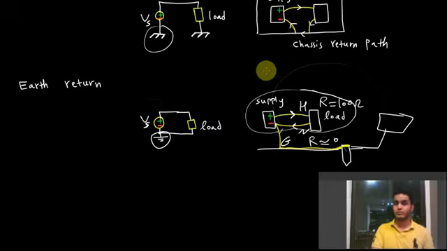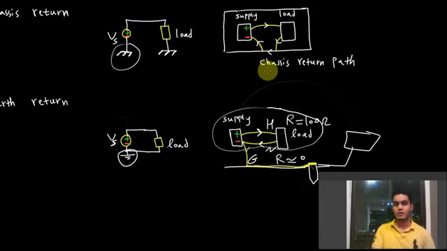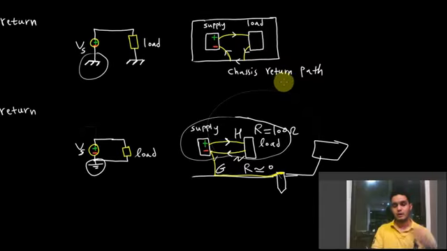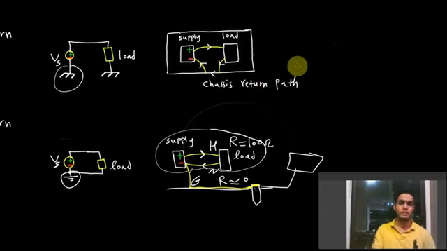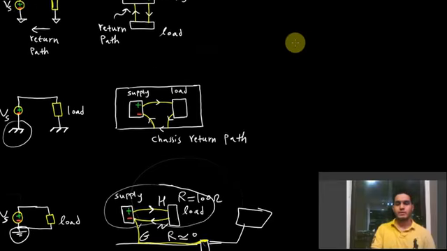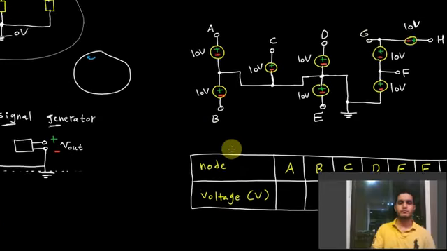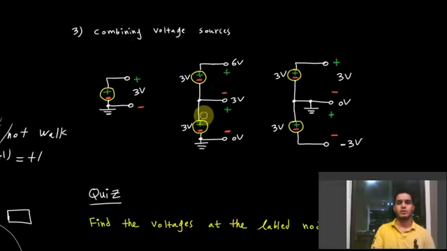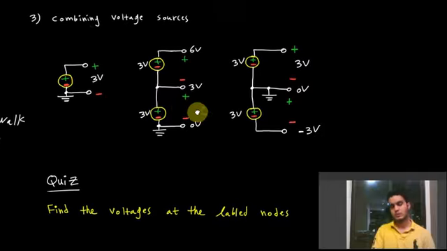So it's a very important problem. You have to make sure not to destroy thousands of dollars of very expensive equipment by protecting yourself and basically following the guidelines to avoid ESD. Now let's move on to another concept here, which is combining voltage sources.